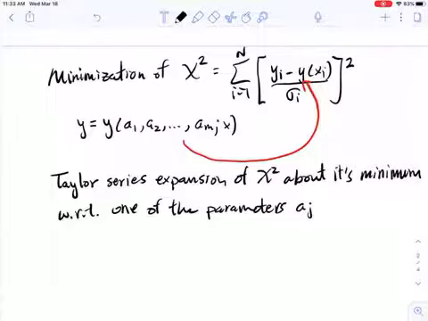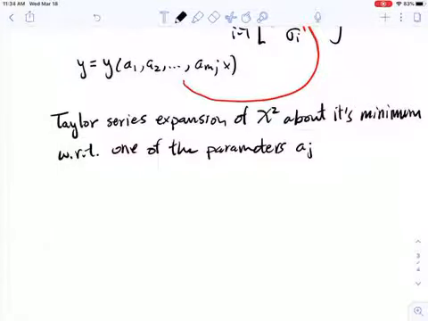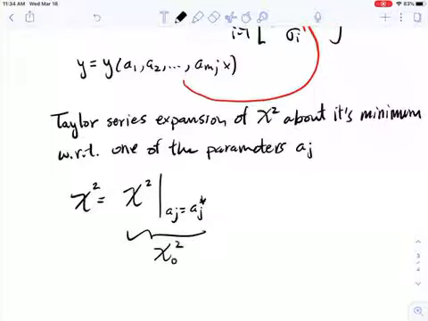So a Taylor series expansion looks like, the first thing you do is you just evaluate the function at whatever your expansion point is, and in our case our expansion point is the minimum. And so this is just some number, chi0 squared. And then Taylor series says, well, then you take your variable and you take the difference with your expansion point.